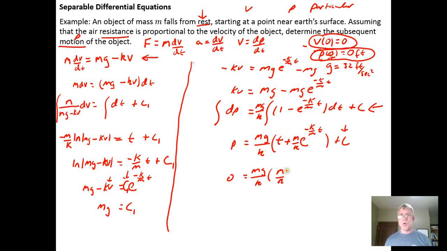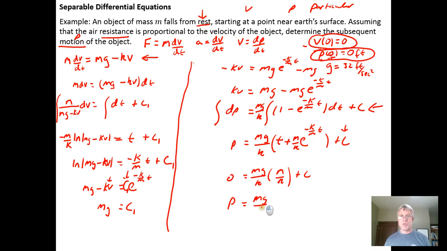E to the 0 is 1, plus the constant of integration. So solving this for c, we're really going to get the opposite of m squared g over k squared as our constant of integration right there. So we would then, using those initial conditions, replace the c.